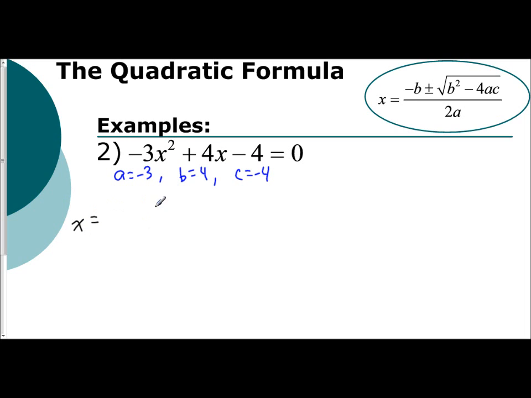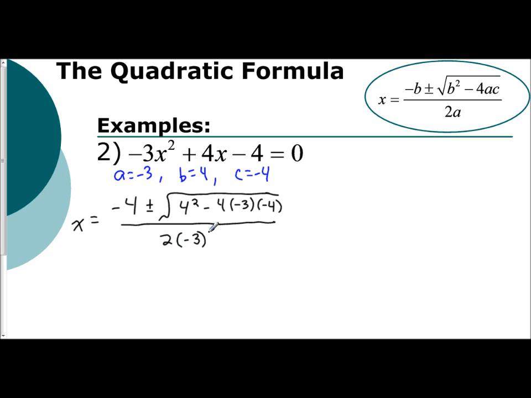X equals negative b, so the negative of 4 plus or minus the square root of b squared, so 4 squared, minus 4 times a times c, so 4 times negative 3 times negative 4, all over twice a, so twice negative 3.